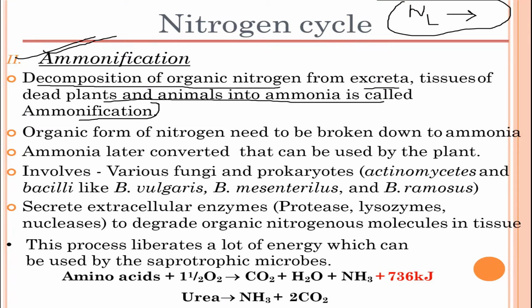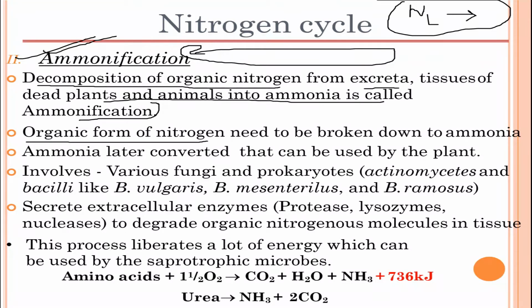All the detritus or dead decaying matter present in the environment slowly gets converted back to ammonia, which is known as ammonification. The organic form of nitrogen needs to be broken down to ammonia, which can later be reused by the plants. So the ammonia retrieved in this process gets back into the nitrogen cycle, and thereby the process continues and the cycle goes on and on.